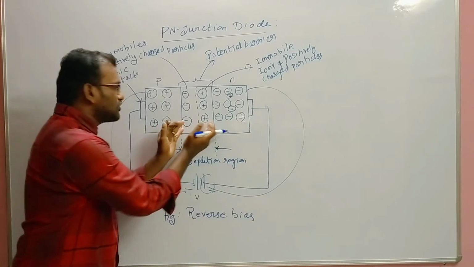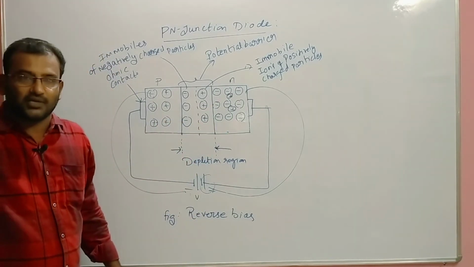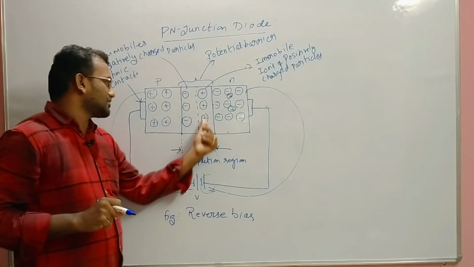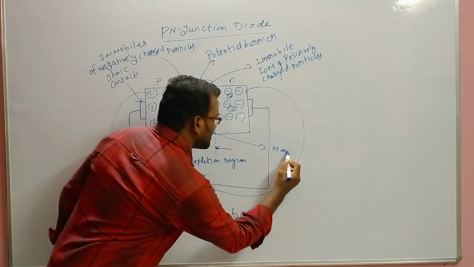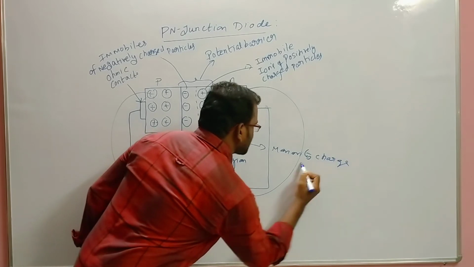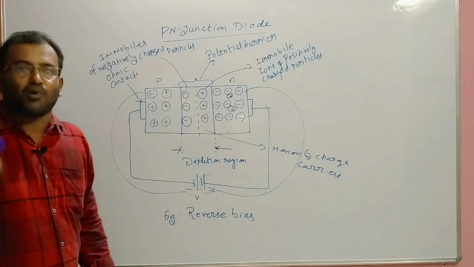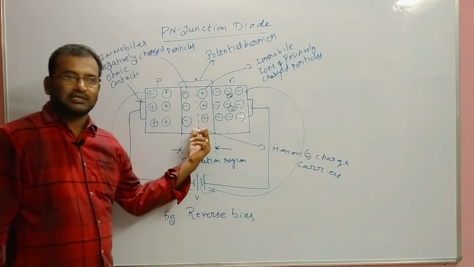Even though there are no majority charge carriers in the P type and N type regions, there is a barrier potential, 0.3 volt for germanium and 0.7 volt for silicon. Here there are minority charge carriers. Due to these minority charge carriers, a small amount of current is present at the depletion region, which is called leakage current.